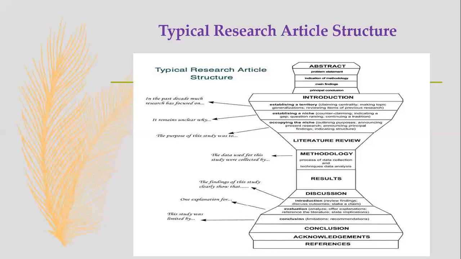Now, based on the title, you are going to see whether this article is something that you are looking for or not. Again, if you feel that this article may be related to my topic and this is something that I am searching for, the next thing that you do is read the abstract, and depending on what you find in the abstract, you decide whether you are going to read the paper or not, or whether you want the full version of the paper or not, right?